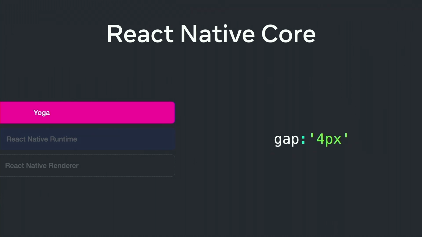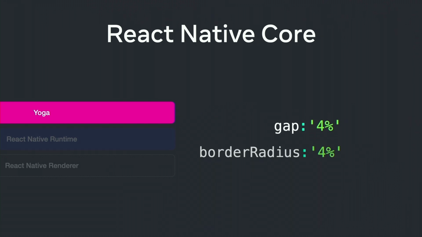And you might be like, but pixels is just numbers. Why are we doing this work? Because we're not just talking about pixels. We're going to add more units, VH, VW. And not just length units, we're also adding support for percentages. And percentages isn't just going to be for gap. Anything that should support percentages will get it. So border radius will get percentages too.